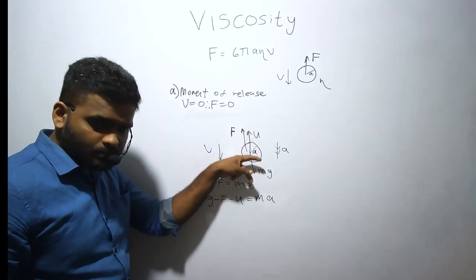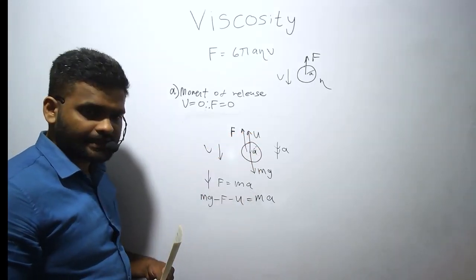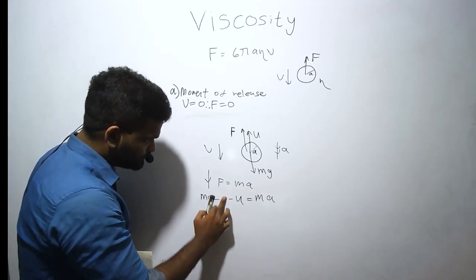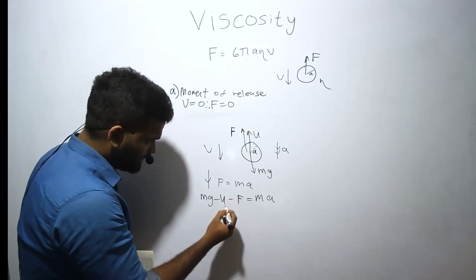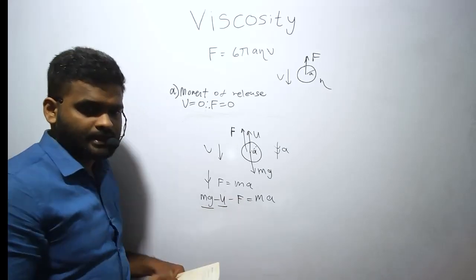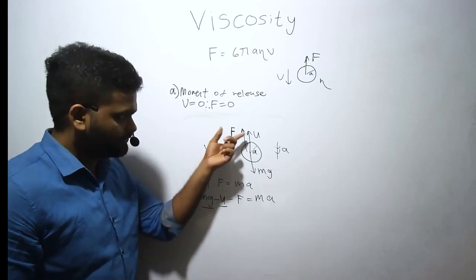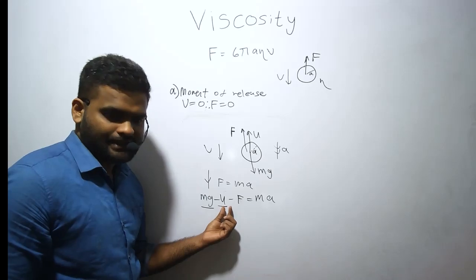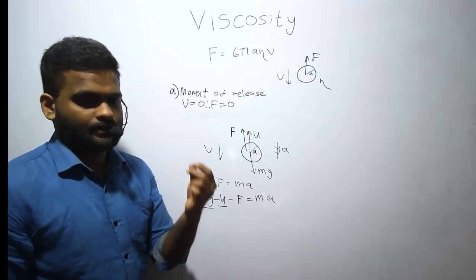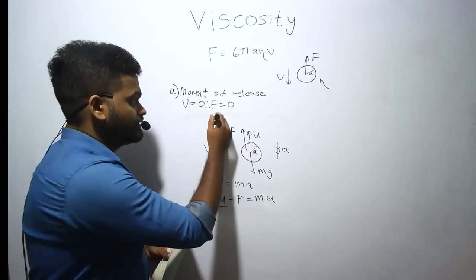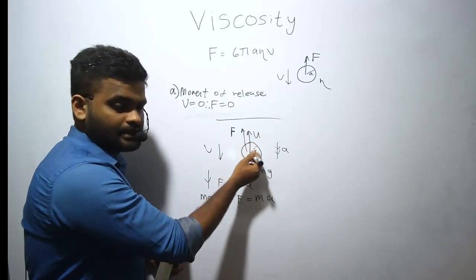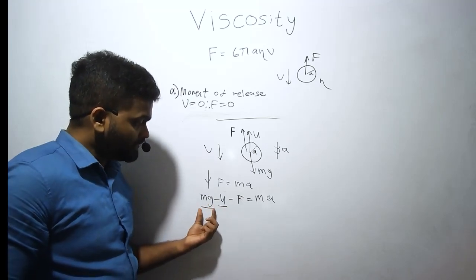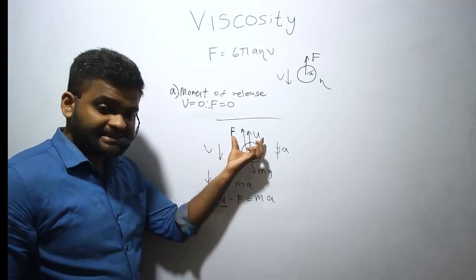When the object moves downwards, mg and u are constants, right? The weight of the object does not change. Upthrust also does not change. Upthrust is V rho g, where V means displaced volume. It doesn't change, rho doesn't change, g doesn't change. So mg and u do not change as it is sinking downwards.